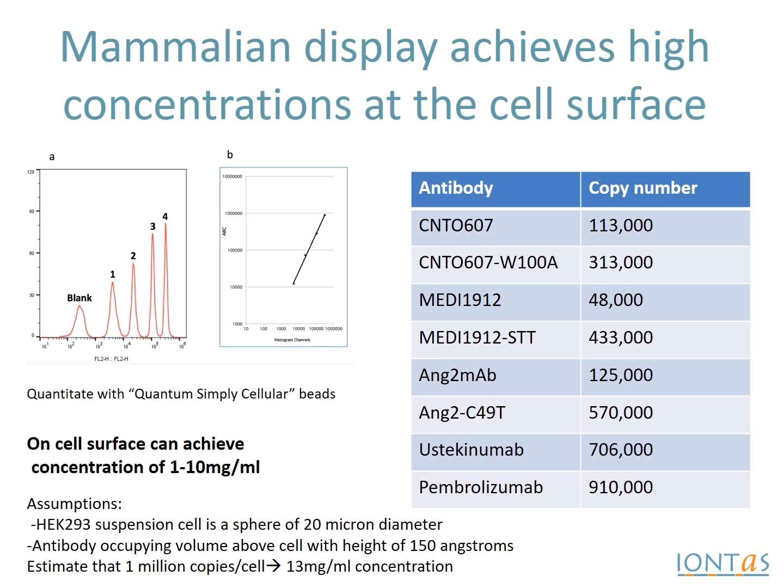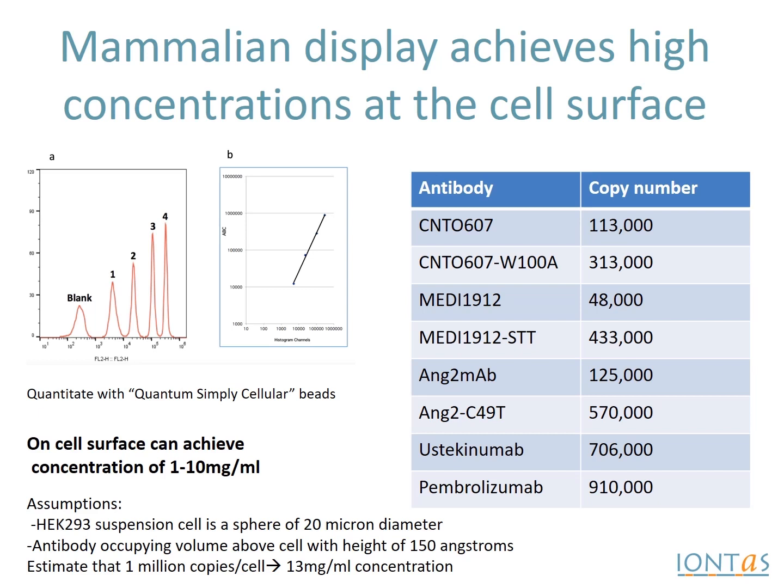You can also see for a couple of well-behaved antibodies at the bottom here, ustekinumab and pembrolizumab, surface display levels approaching 1 million copies per cell. So using these numbers and the fact that a HEK cell has a diameter of 20 microns, we can calculate the volume that an antibody occupies on the cell surface, assuming an antibody of 150 angstroms.